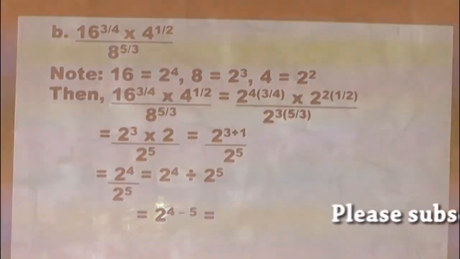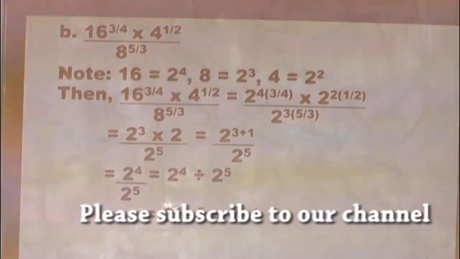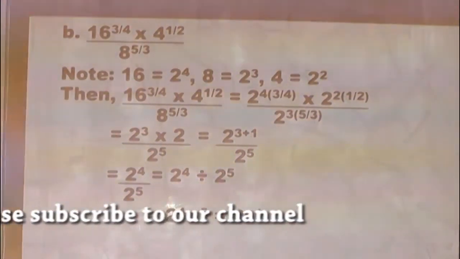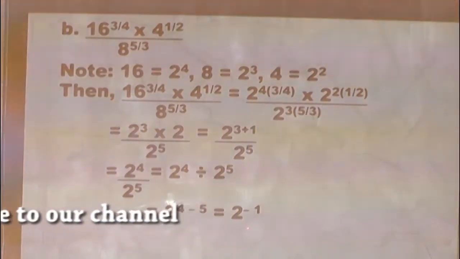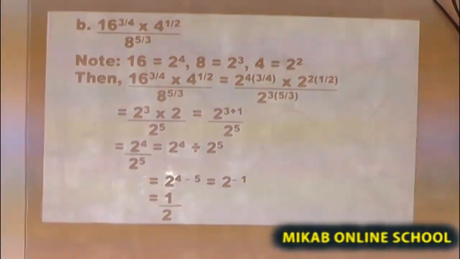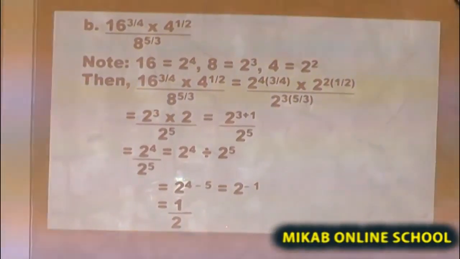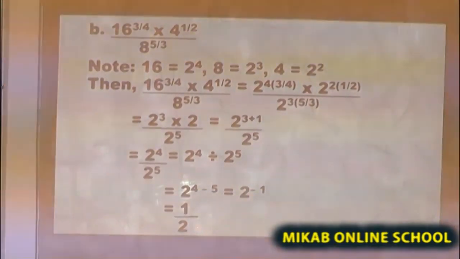And the result from there is going to be 2 raised to the power of minus 1. And if you apply the reciprocal law here, you are going to have 1 all over 2 as the final result from here. That is the solution of the second question.